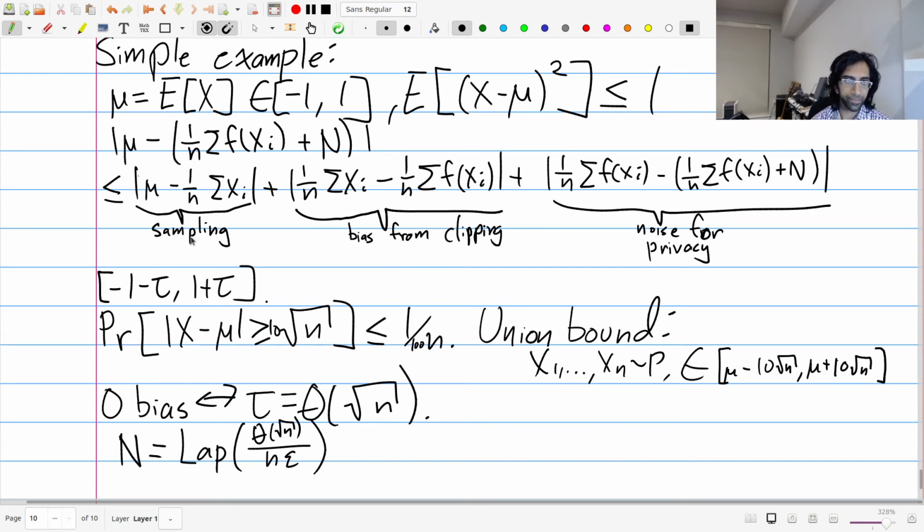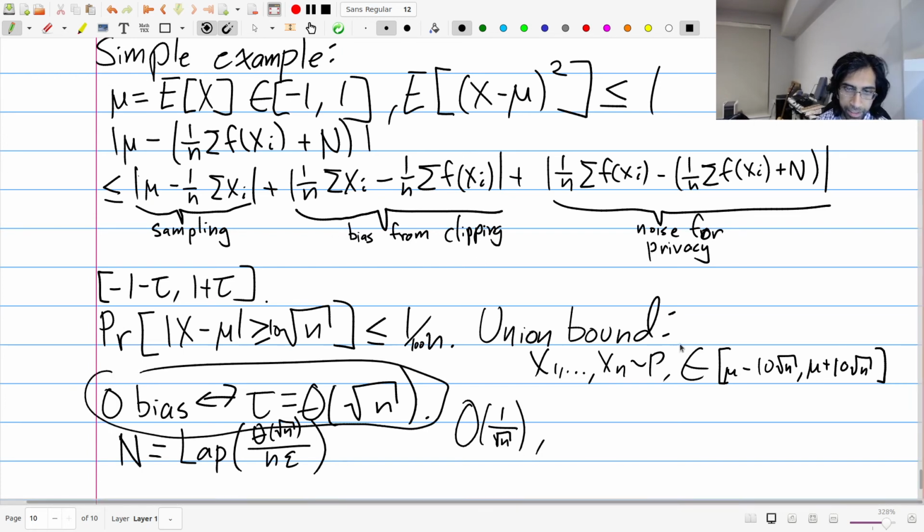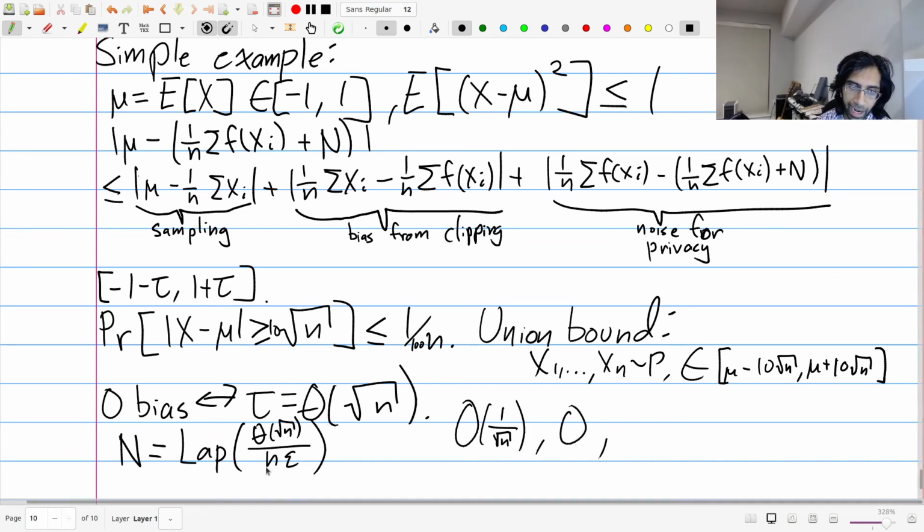It's not hard to see that the sampling error, as before, just by using a Chebyshev bound, will be O of 1 over square root n. The bias we intentionally chose to be zero, so there's zero error from bias due to clipping. And the noise error will be approximately O of 1 over square root n times epsilon in magnitude.